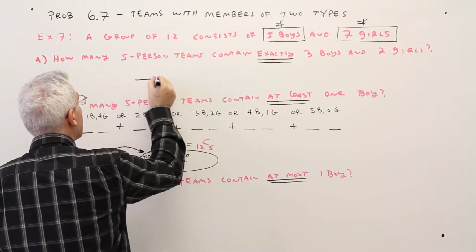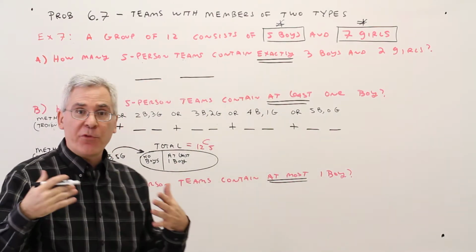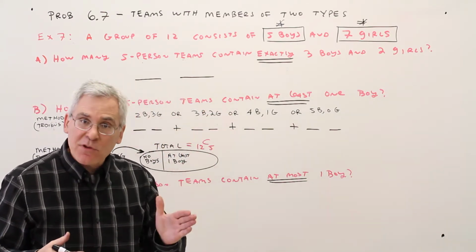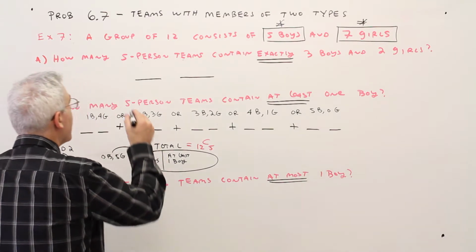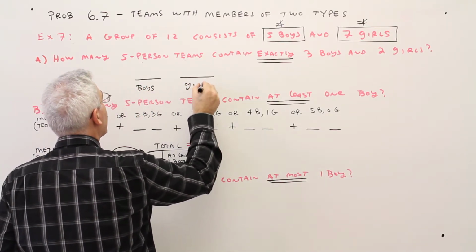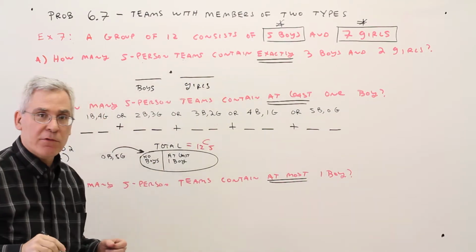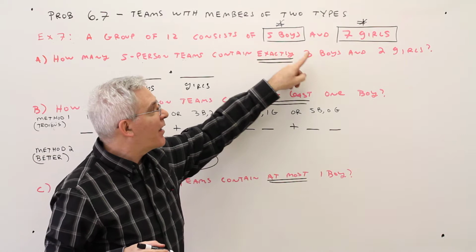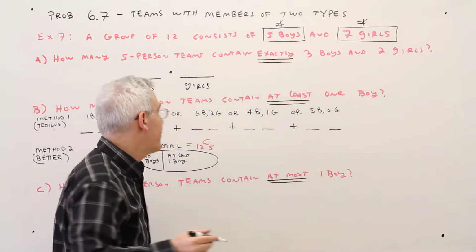All right, what we're going to do is the multiplication rule. The number of ways of doing event 1 times the number of ways of doing event 2. Event 1 is picking the boys, event 2 is picking the girls. Out of 5 boys, I want to pick exactly 3. 5 choose 3.